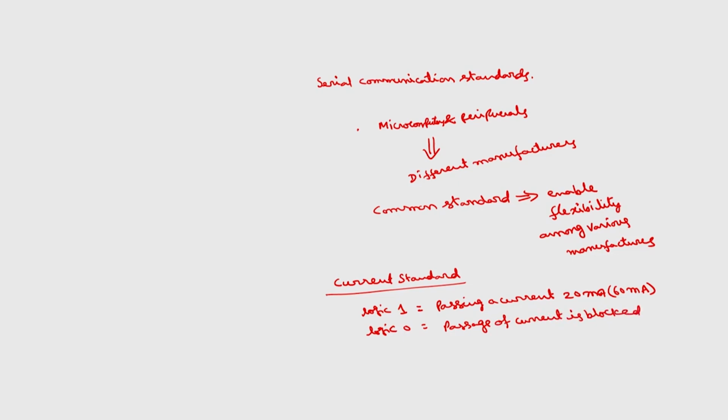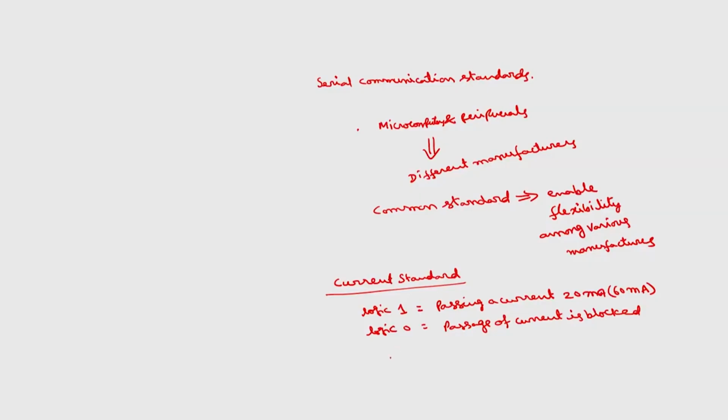Because here we transmit logic 0 and logic 1 using current, the advantage of this current standard is that it is less affected by noise. The effect of noise will be less here, so it is suitable for long distance communication.